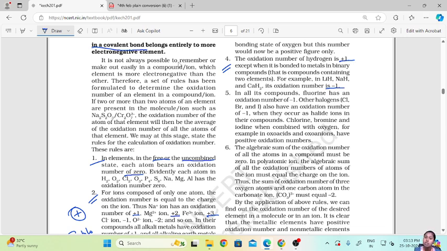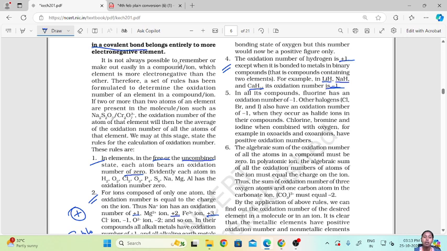So hydrogen always shows a +1 oxidation state, except when it is bonded to metals in binary compounds. For example, lithium hydride, sodium hydride, calcium dihydride. In these cases, its oxidation number is -1.